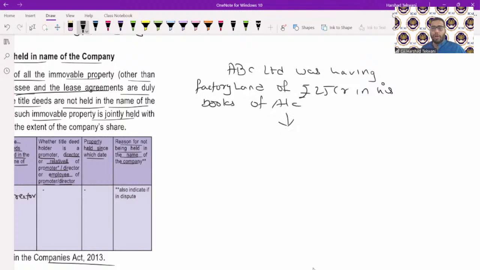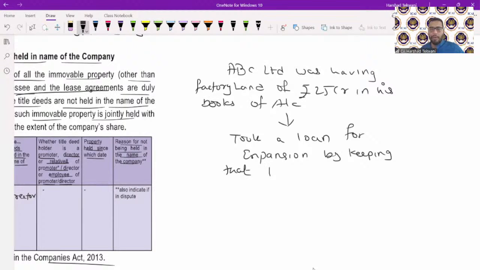ABC Limited took a loan for expansion, by keeping that land as collateral or security. And that loan was for, let's say, 30 years. It was taken in, let's say, 1991.